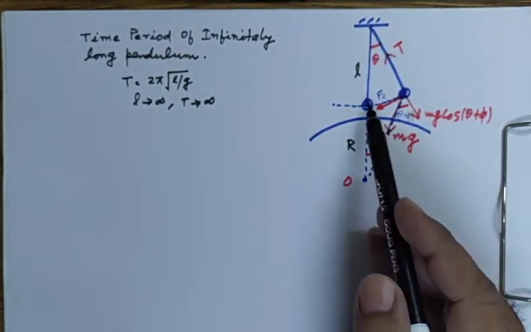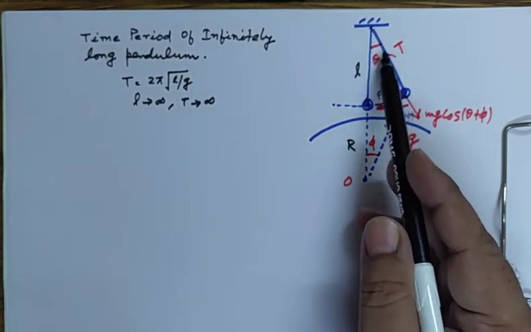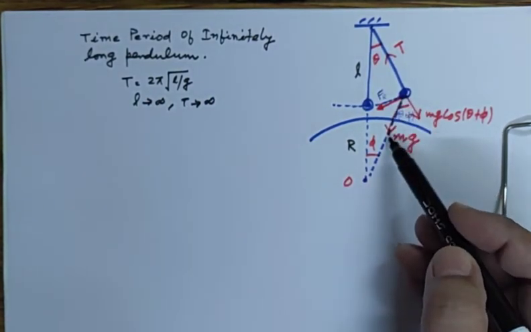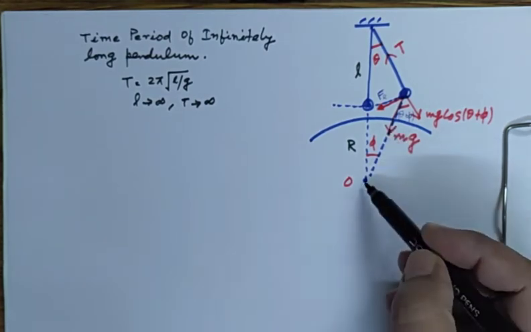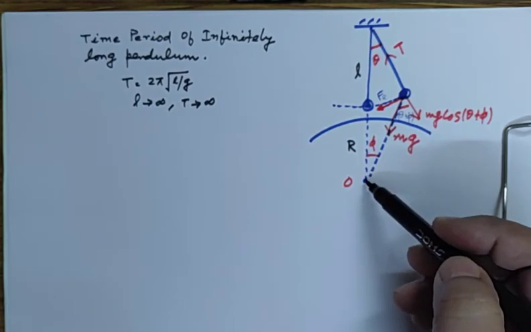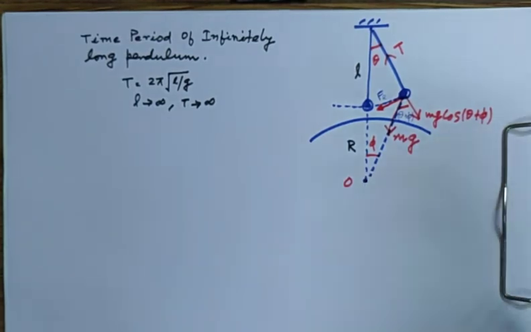Suppose at this instant the weight of the pendulum, mg, will be acting towards the center of the earth. Weight is always directed towards the center of the earth, we know that.